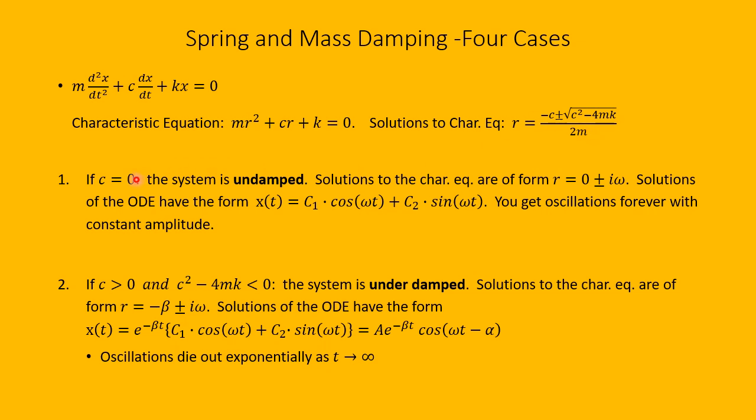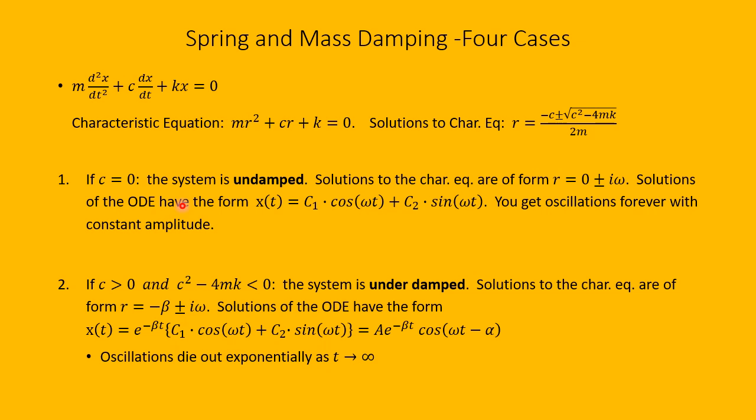If c equals 0, then we really don't have any damping, and the solutions to this equation up here, mr squared plus k equals 0, are just going to be purely imaginary numbers, 0 plus or minus i omega.